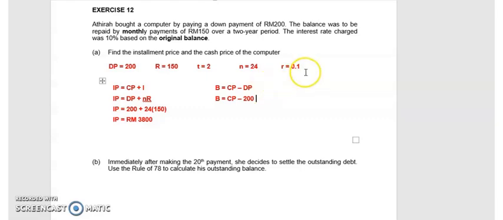Okay, now we have rate of interest where we can find interest. Okay, now interest based on original balance. So I equals BRT. Okay, how to find interest? Okay, since we have value IP here, we can use formula interest equal to IP minus CP.